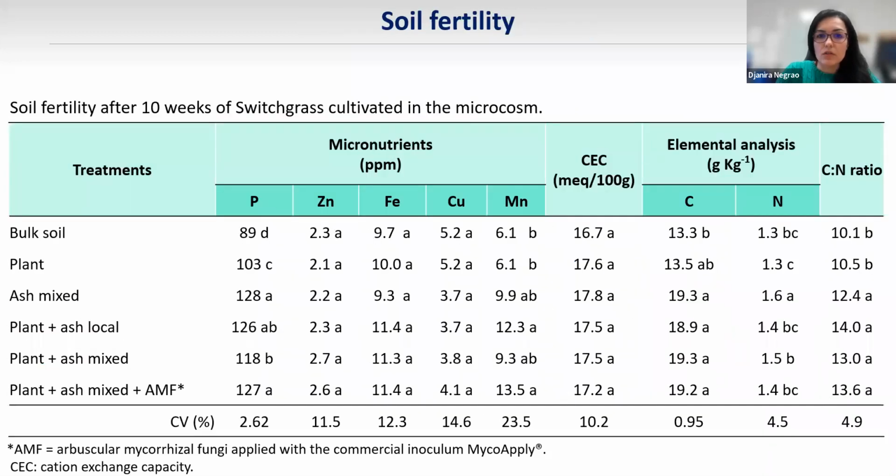And about soil fertility, for the 6 treatments as well, we analyzed some micronutrients like phosphorus, zinc, iron, copper, and manganese. And for phosphorus, we can see here in the dotted boxes, when we apply ashes, we are also applying certain elements, some nutrients.